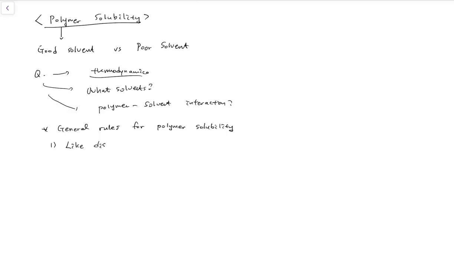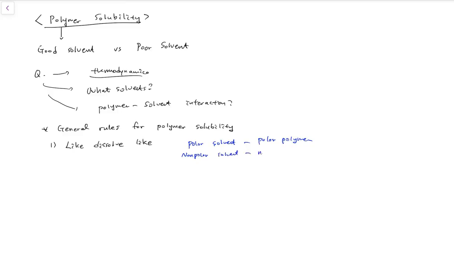First rule: like dissolves like. This is obvious for any kind of solubility, right? For example, polar solvent will dissolve polar polymer, right?